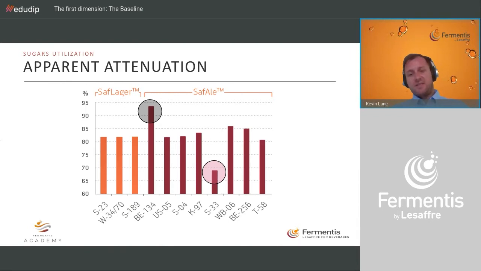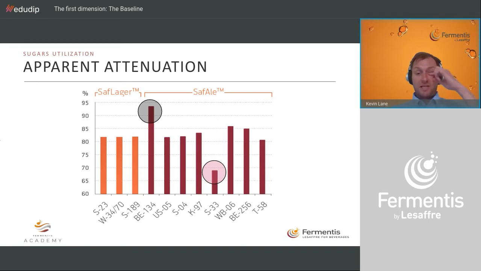The reason I say that is because there are many things you can do during the brewing process or in your ingredient selection that can alter the attenuation. The attenuation isn't some magical number that this yeast is always going to achieve, because as soon as you introduce simple sugars, if you were to add dextrose to your beer, the attenuation of all the strains is going to increase in the same media.